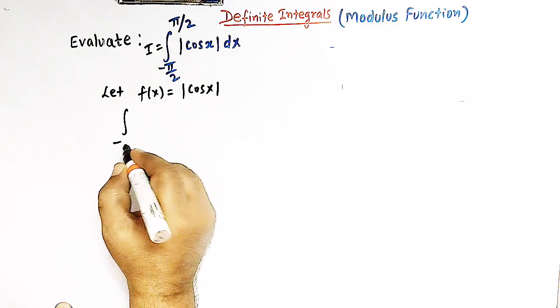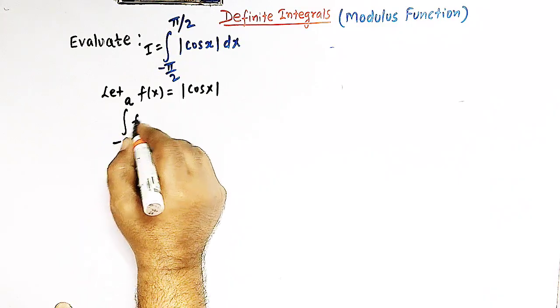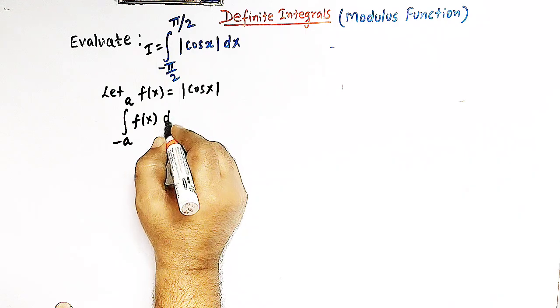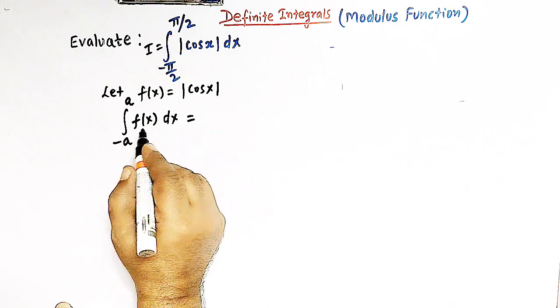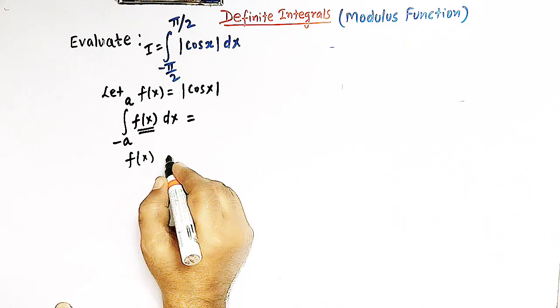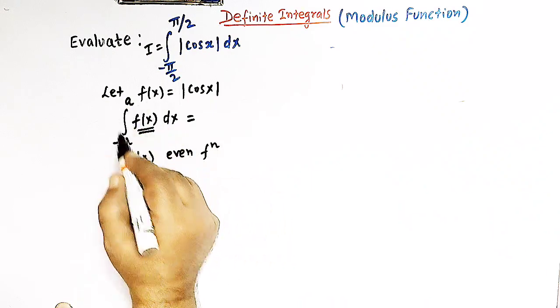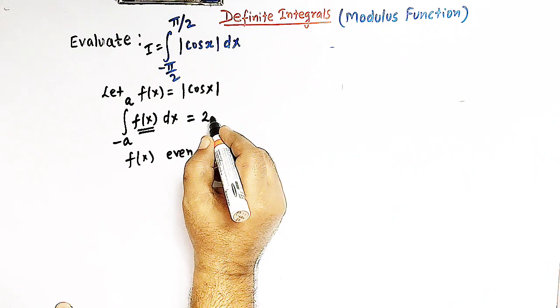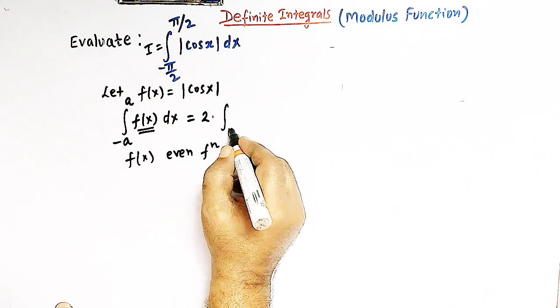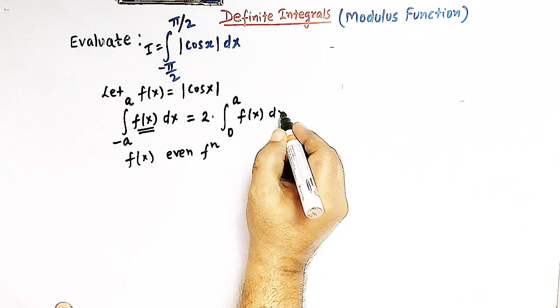If we have the integral from minus a to a, and here we have f of x dx, and if this function f of x is an even function, then the value of this integral is equal to 2 times the integral from 0 to a f of x dx, right?